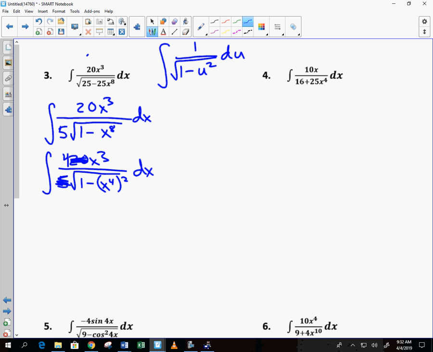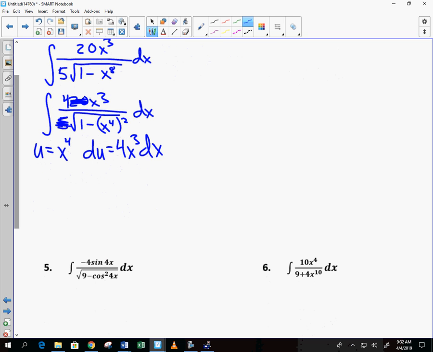What is u? What is du? Great. So now I have the integral of du on the outside, root of 1 minus u squared.